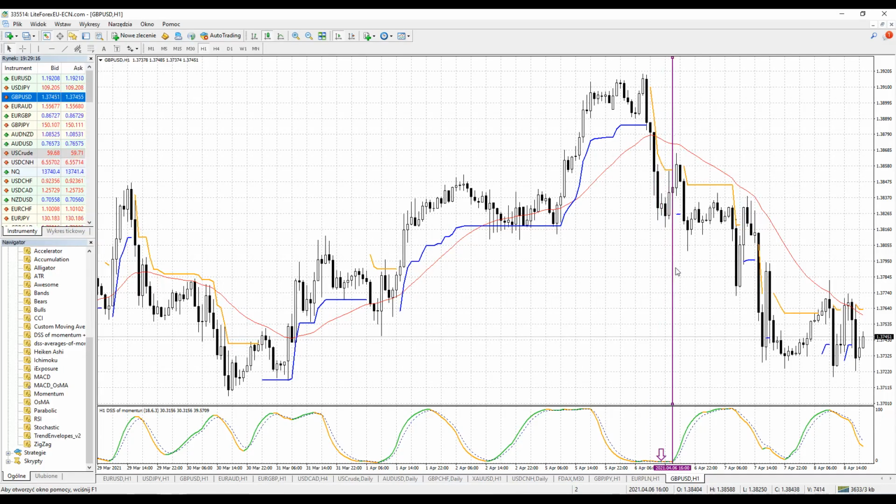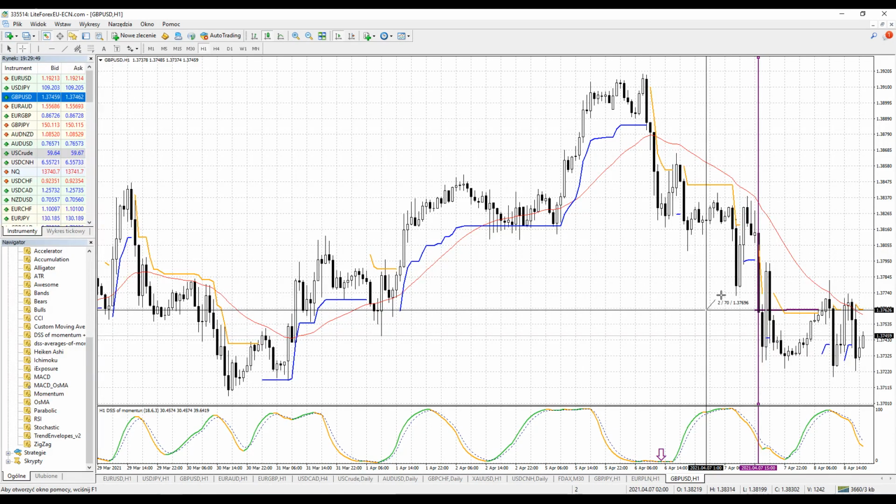Red, orange, orange, orange. Below, below, below. It turned blue for a while, then orange again on the break below. We are below the linear weighted moving average, and right at the open of the next candle over here, with a 25 pips stop.